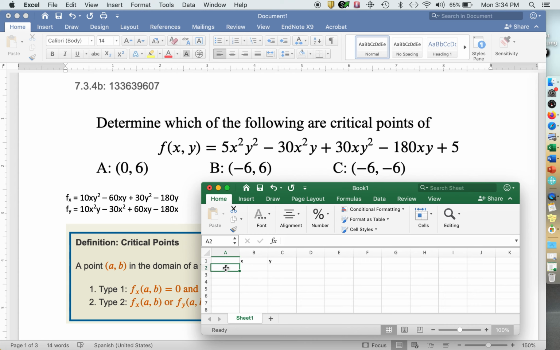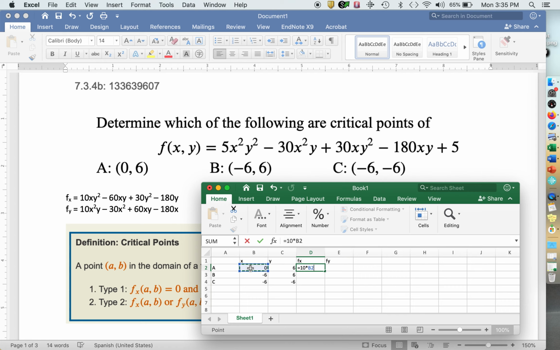All right, so this was point A, point B, point C. A is (0, 6). B is (-6, 6). And C is (-6, -6). All right, so now I'm doing f sub x and f sub y. Okay, f sub x, the formula is 10 times, and I'm just going to click on the x.